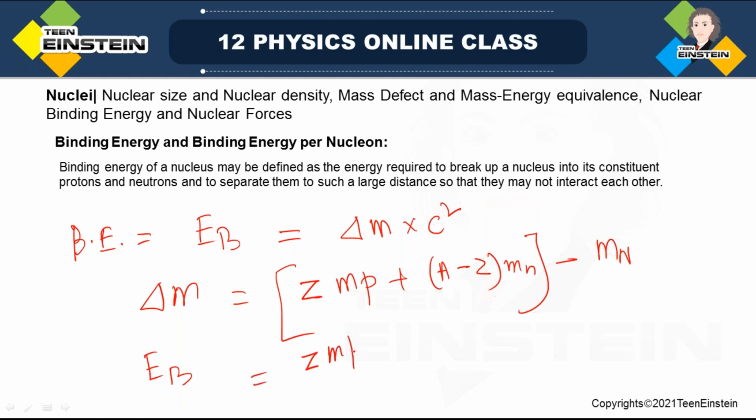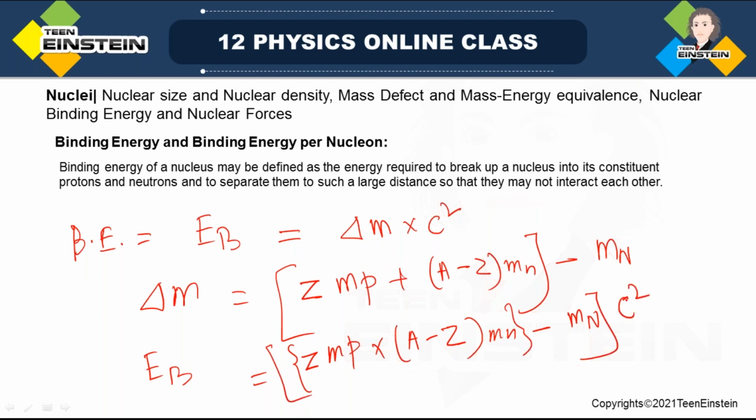Binding energy will be Z Mp plus (A minus Z) Mn, minus the mass of the nucleus. This bracket has been given wrongly here, so let me give a curly bracket here and then the whole bracket into c square. This is the binding energy.